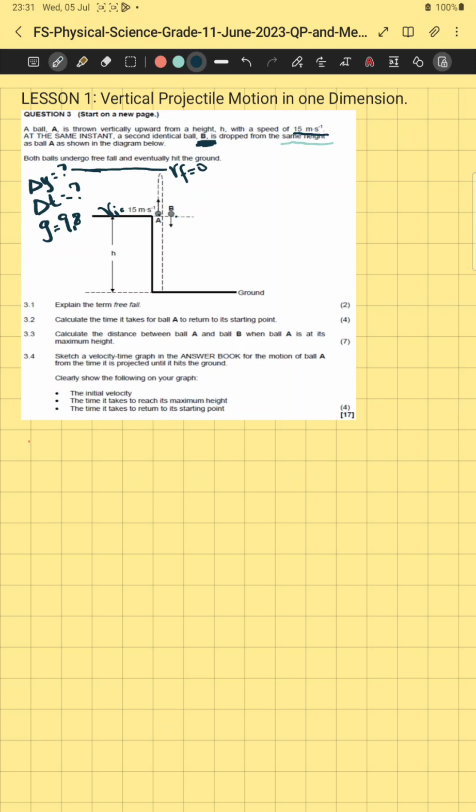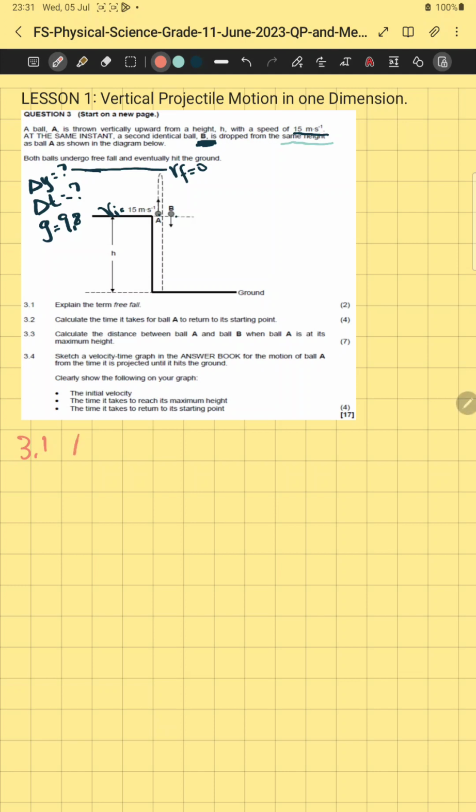Now, let's begin to answer the first question. In question 3.1, they say explain the term free fall. What is the meaning of the term free fall?